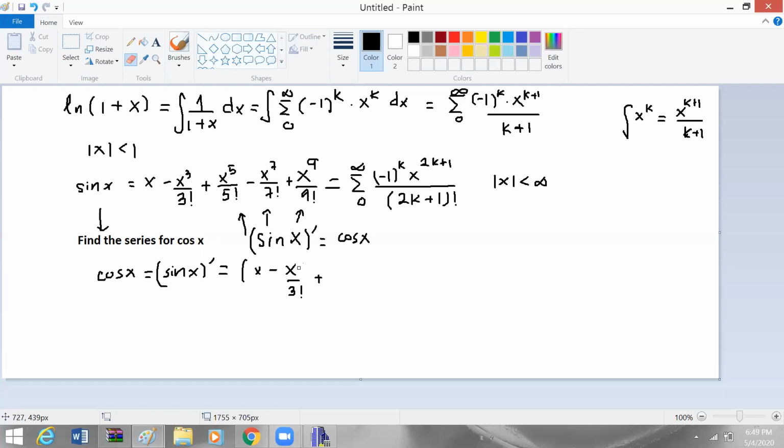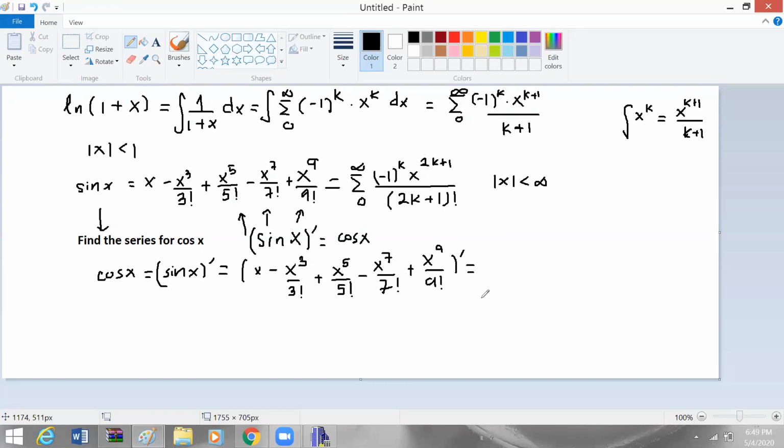Okay, so x to the third over 3 factorial plus x to the fifth over 5 factorial minus x to the 7 over 7 factorial. Right, so we need to take the derivative for all of this. Plus x to the 9 over 9 factorial.